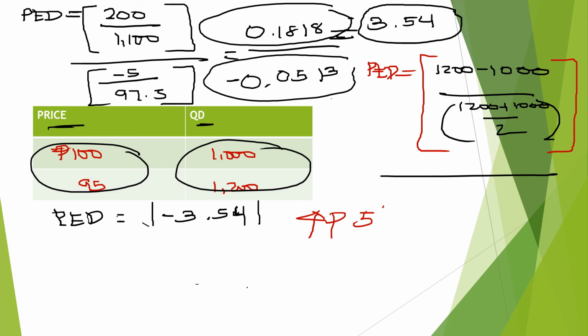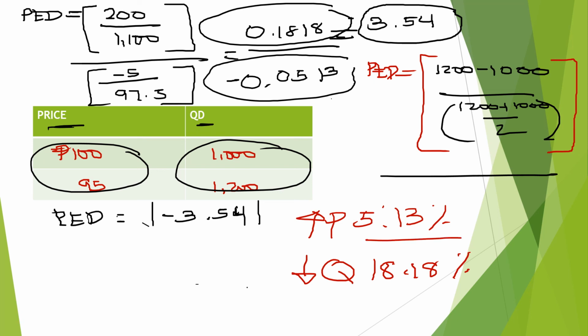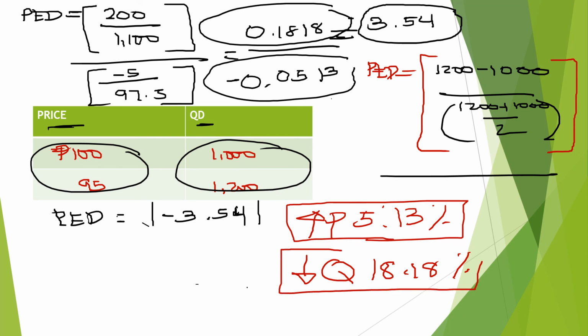Instead of decreasing, we increase it by 5.13%. What do you think will happen? Of course, the quantity demanded will drop. But by how much? It will drop by 18.18%. Is this good? Of course not. Because even though you increase your price, your Q decreased by a much larger percentage. So in the end, it's going to pull down your total revenue.